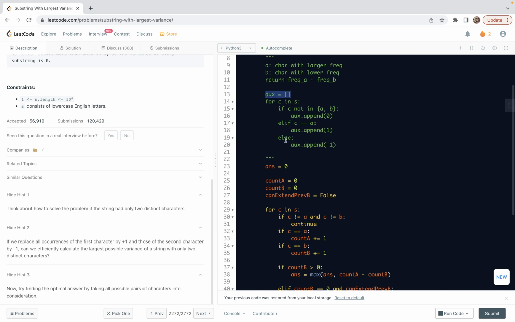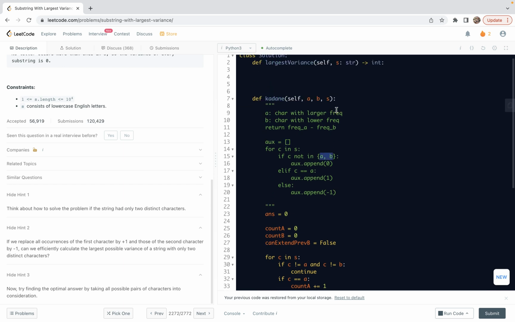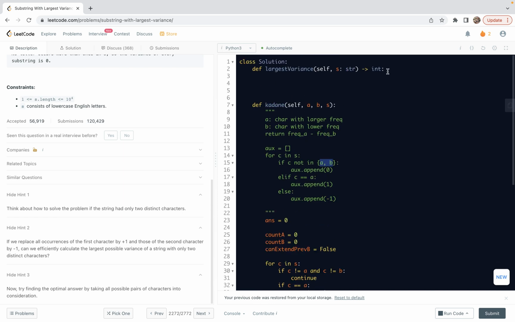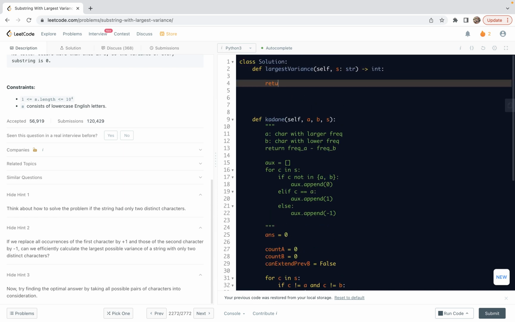But it's slightly different because in the window we need to consider both A and B. So this is the utility function. With this main work done, we just return the max of the possible pairs. So this is self-Kadane.